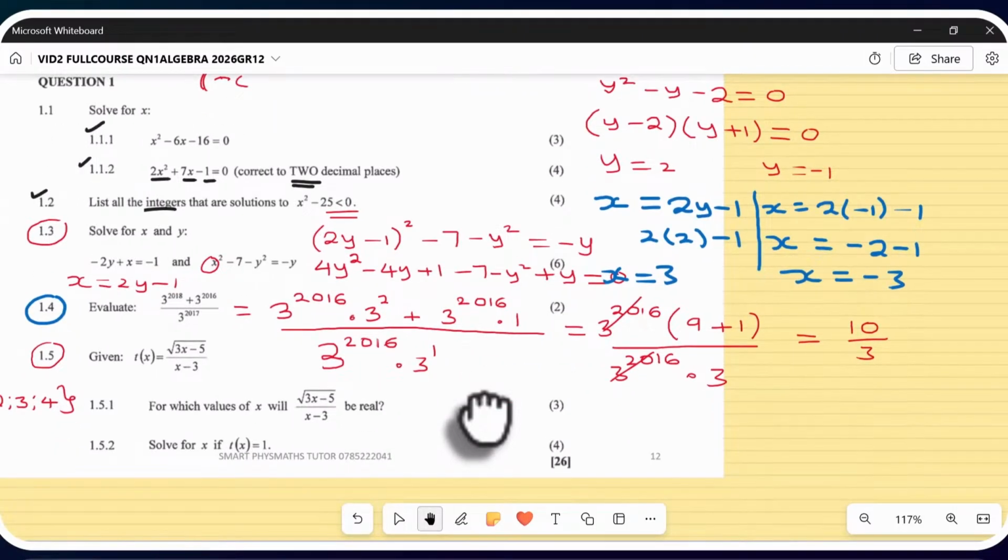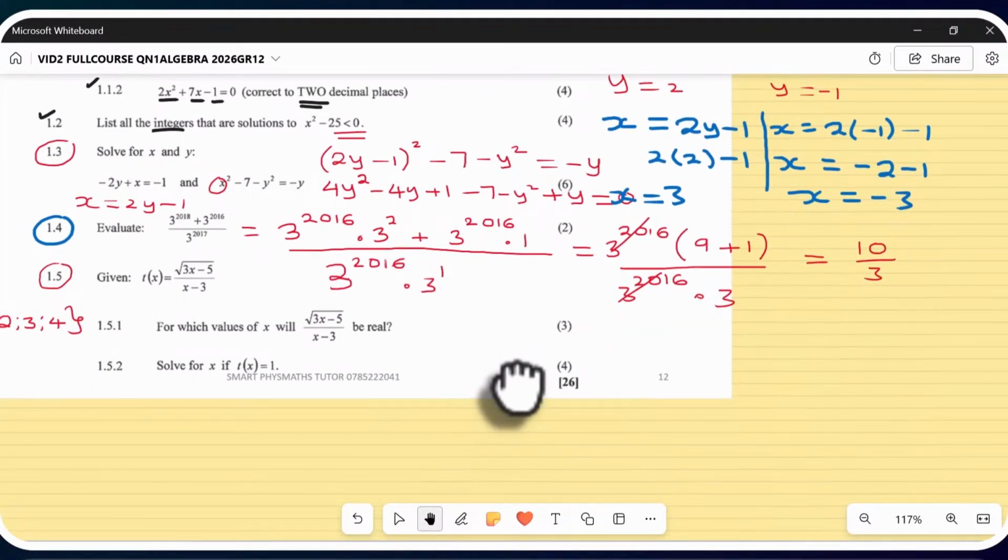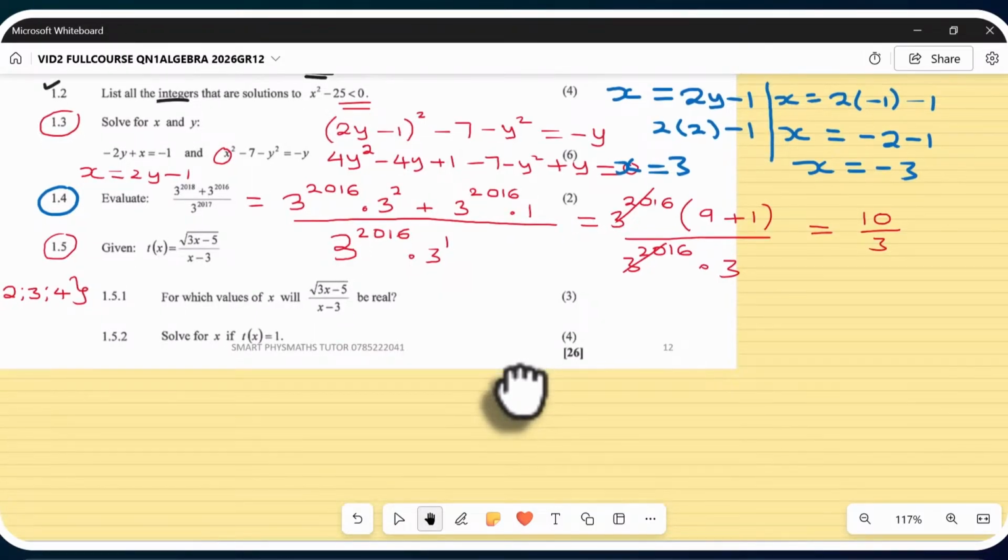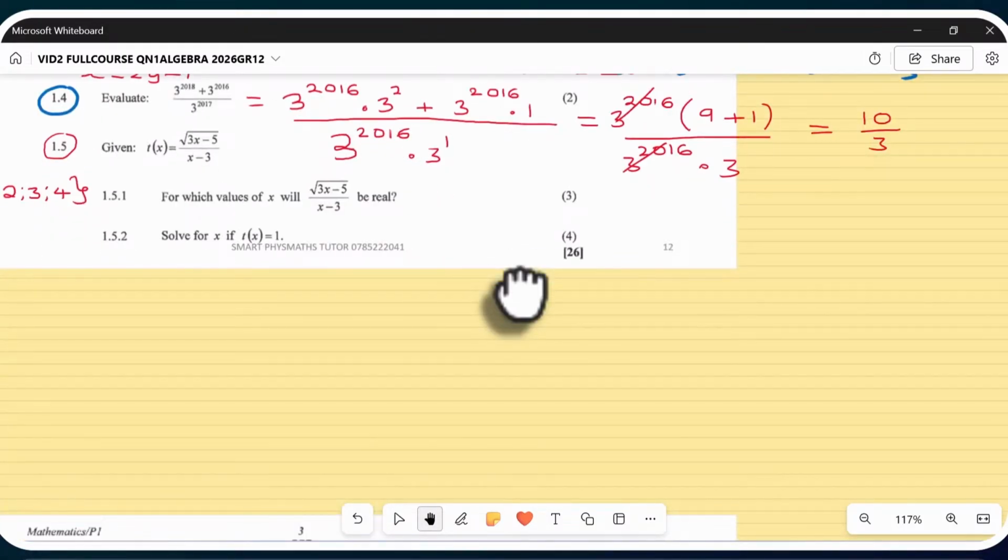Meaning our x should be greater or equal to 5 over 3. So don't forget this, our answer here: x is not equal to 3. That's the answer for the first part, for it to be real.